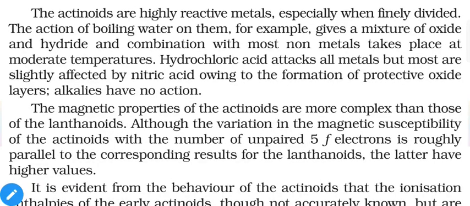So formation of a protective oxide layer is just like aluminium. Aluminium usually does not corrode, and the reason for that is when it comes in contact with oxygen of the atmosphere, just like other metals, it forms an oxide. But the oxide of aluminium changes slightly, and it forms a protective layer on the surface of the remaining aluminium metal.